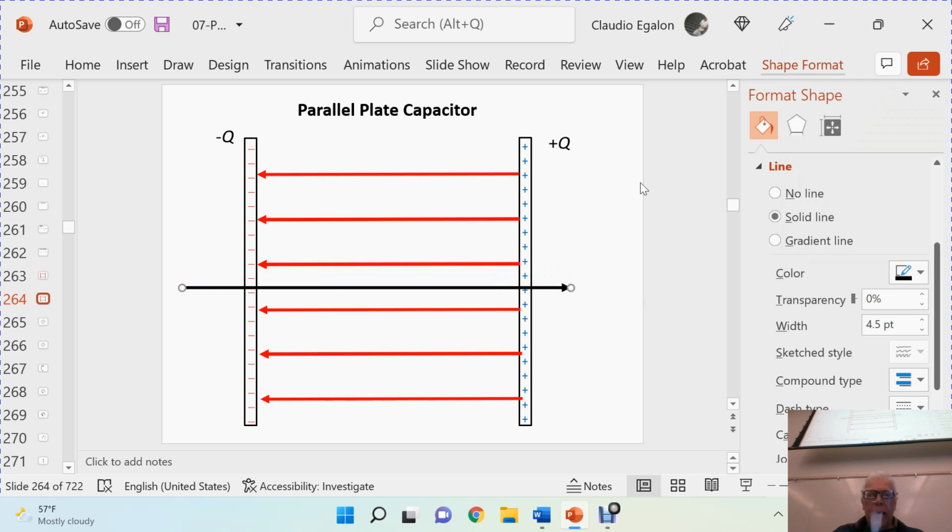Black. Okay? We did that in the experiment, right?